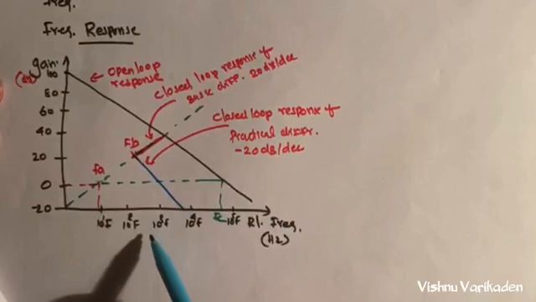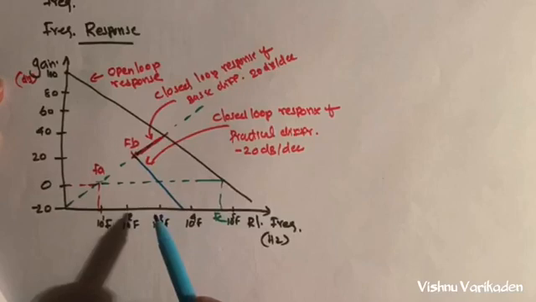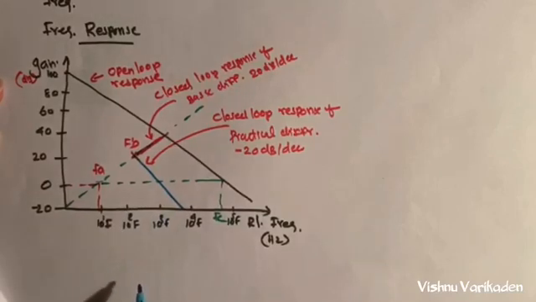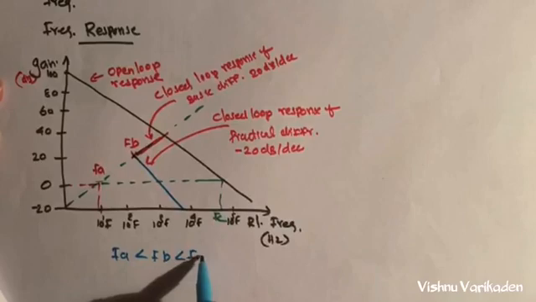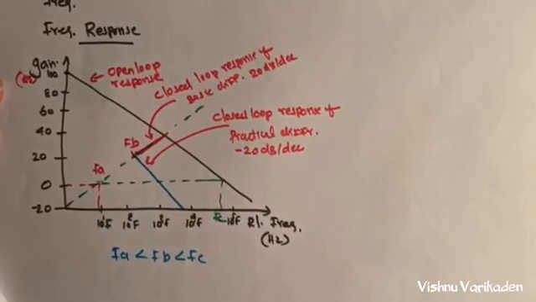The practical differentiator overcomes this noise variation by reducing the gain. So the value of FB is normally selected such that FA, FB and FC are in this range. FC is here, FB is here, FA is here.